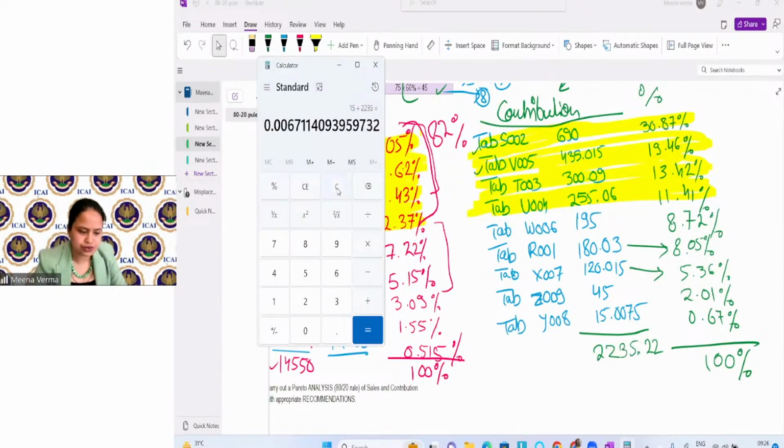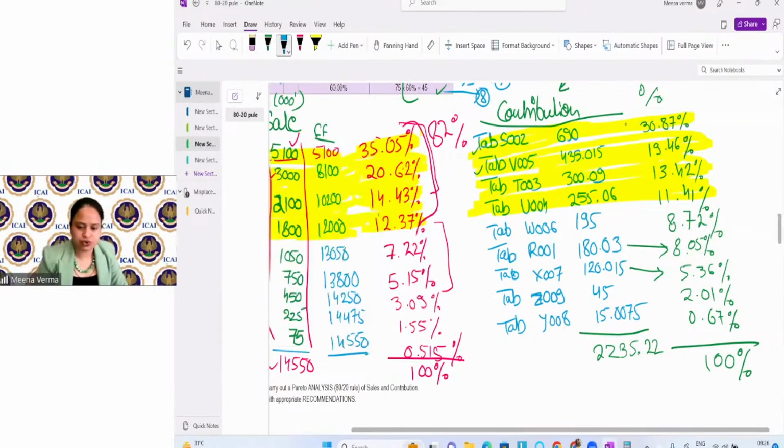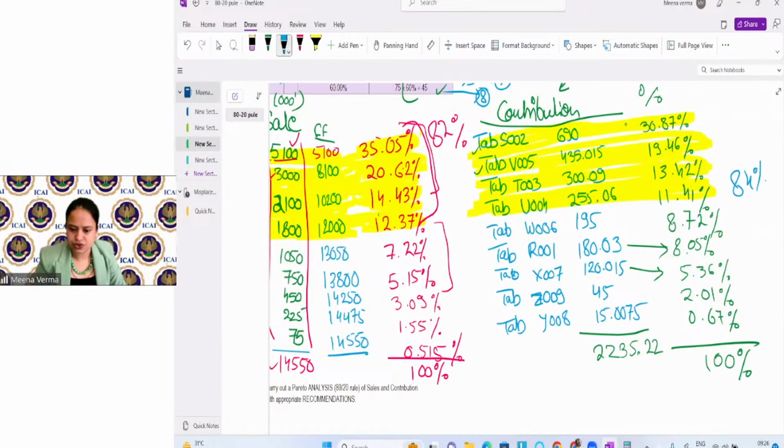Add these percentages: 30.87 plus 19.46 plus 13.42 plus 11.41 plus 8.73. That's 83. Okay, so you can say 83 or 84, rounded off, 84%.